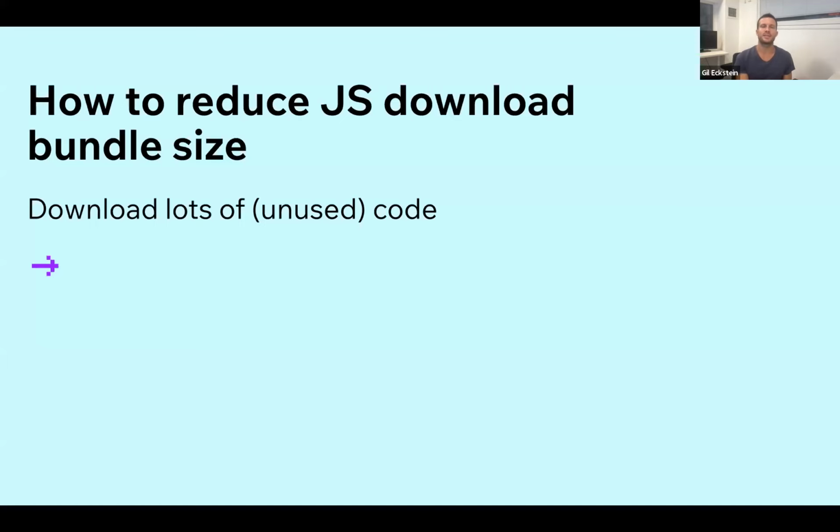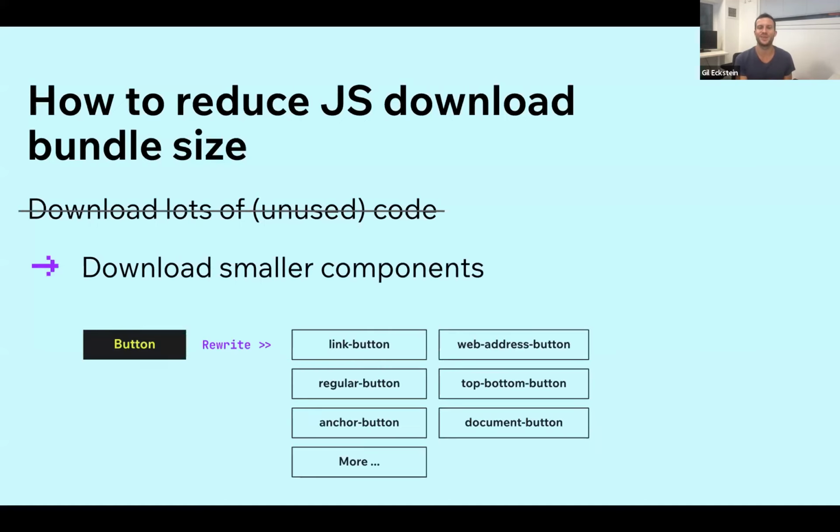So the first thing you need to do to reduce JavaScript download bundle size is to not download all the unused code. You want to download smaller components. So instead of this big button component, you want to rewrite your component into small feature-specific components, like link button.